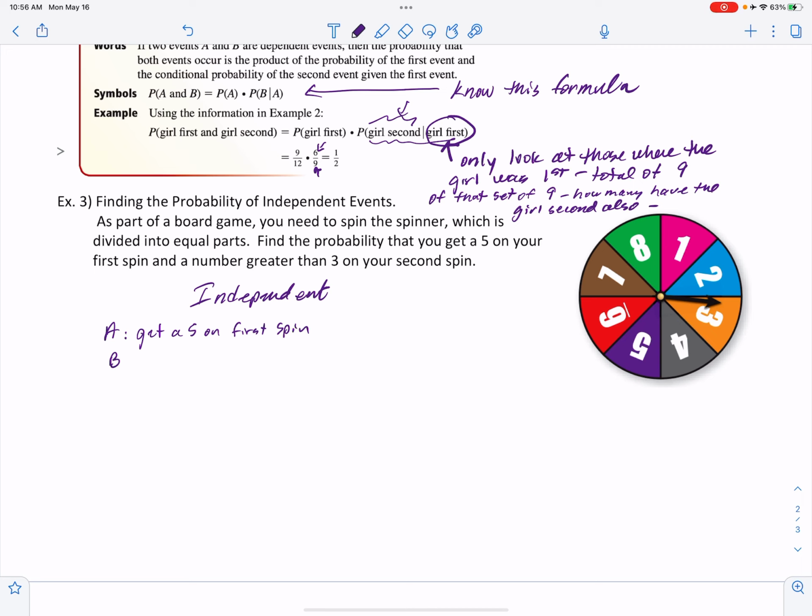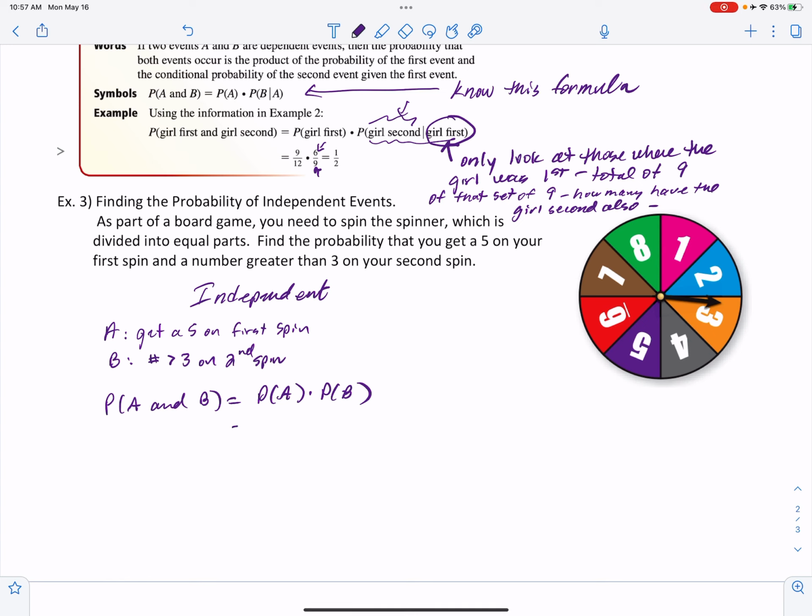And I'm letting event B be getting a number greater than 3 on the second spin. I'm expecting these are independent, so I can go right to the independent formula.